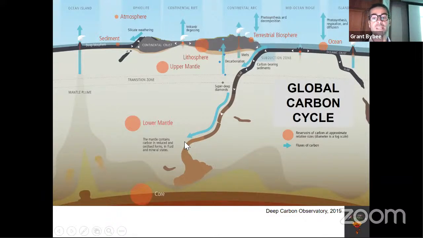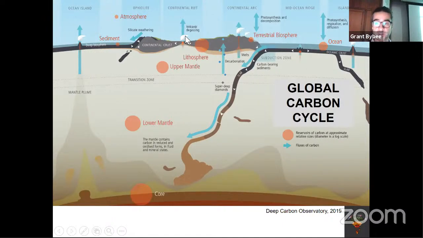The blue arrows indicate the movement of carbon between these reservoirs. In terms of global carbon cycling, the major sink is of course subduction, a sink in terms of the mantle. And the major outputs are from volcanism, whether due to plumes, mid-oceanic ridges, arc volcanism, or rifts.